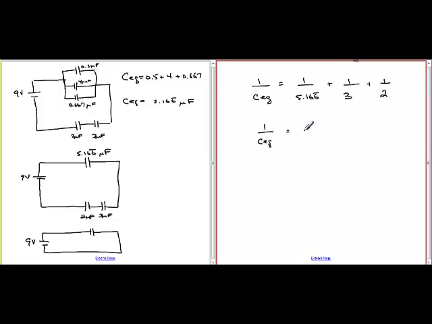Okay, so we get 1.0269, rounds off. And if you take the reciprocal, you get the equivalent capacitance is 1 over that, which is 0.973 microfarads.